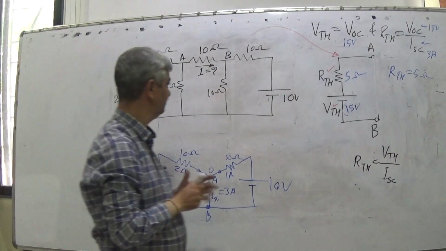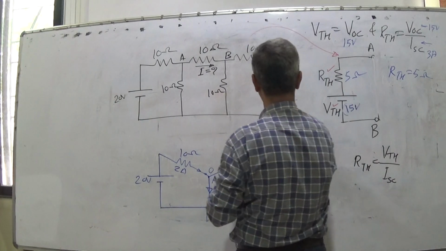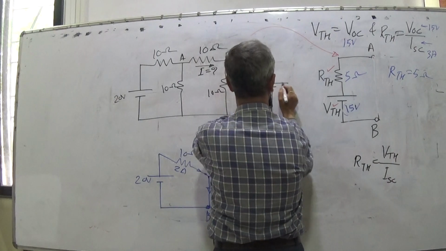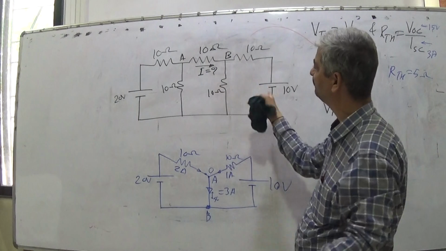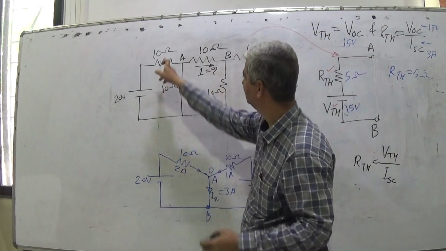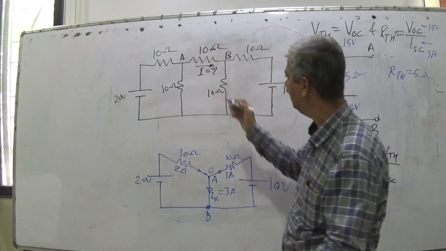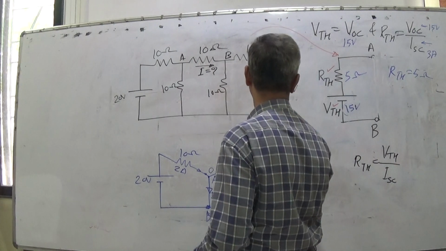so the question is 2 voltage sources, 20 volt and 10 volt, 5 resistances 10, 10, 10 and 10, and the question is find out IAB or VAB.